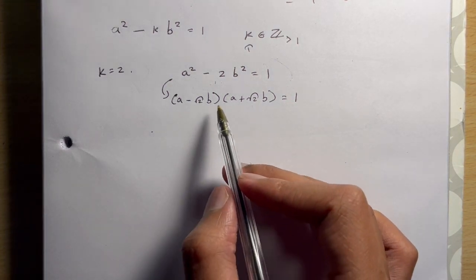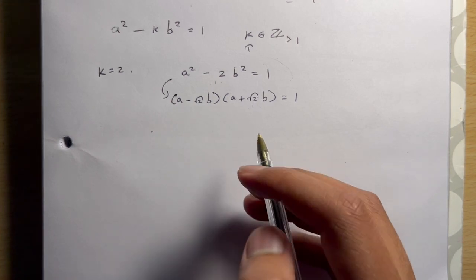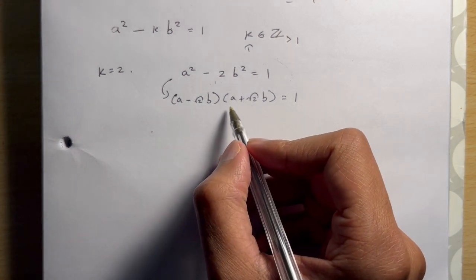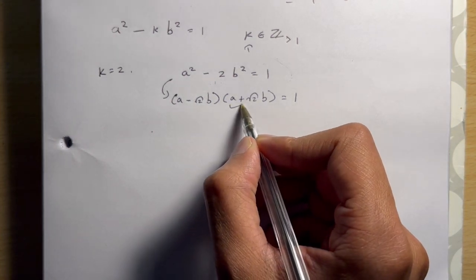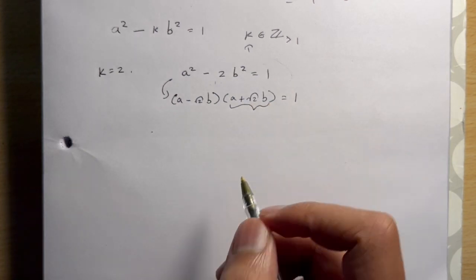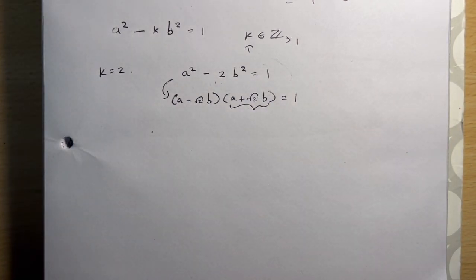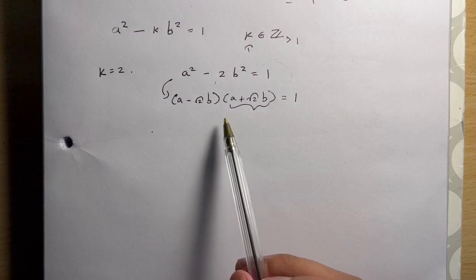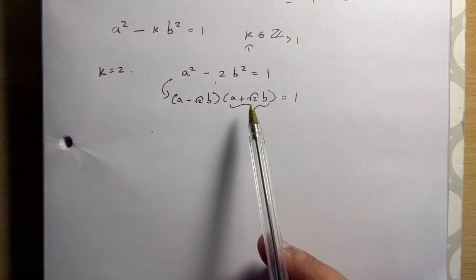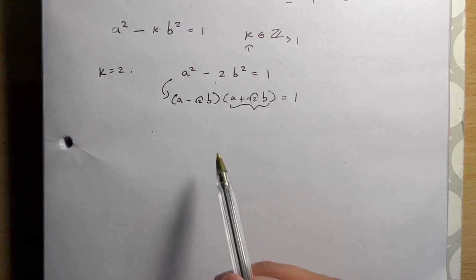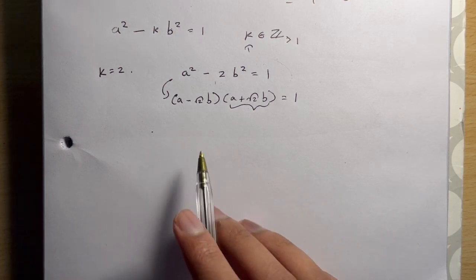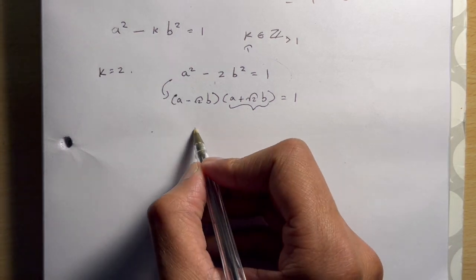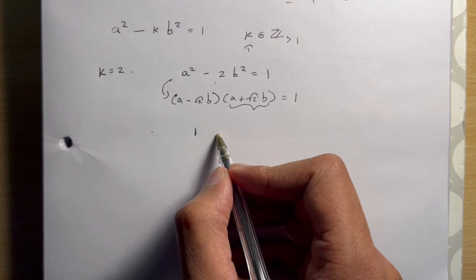So basically this is the next step, and what we want to do is study numbers of this form. If you know linear algebra, this is linear combinations of the number 1 and the square root of 2.